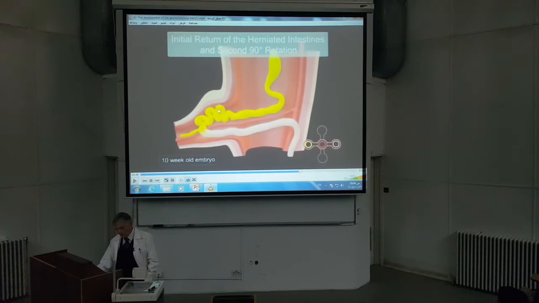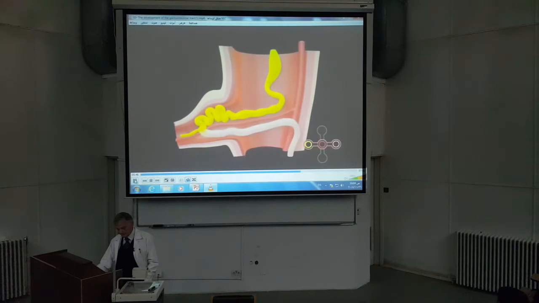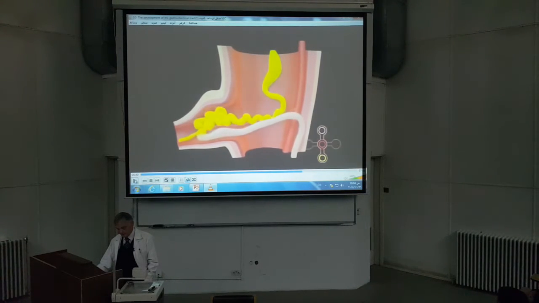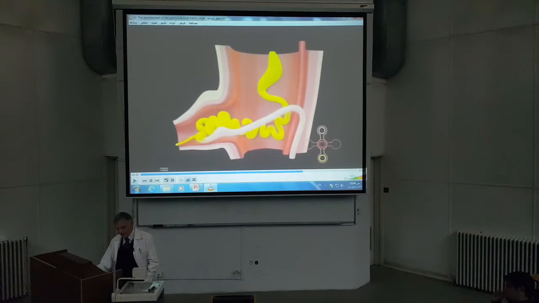The proximal loop, which is going to form the small intestine, is going to elongate a lot. Then there is this rotation. This is anti-clockwise. We need the large intestine to be in front of the small intestine.